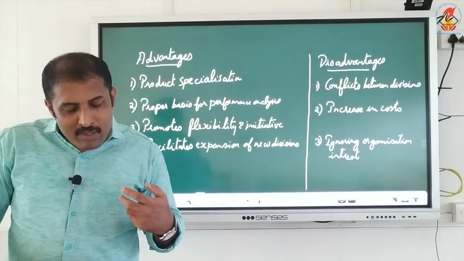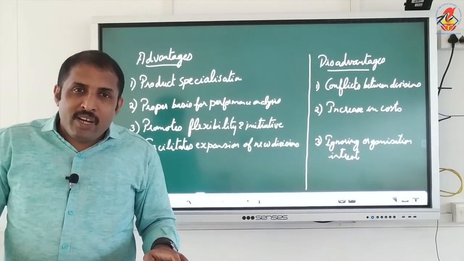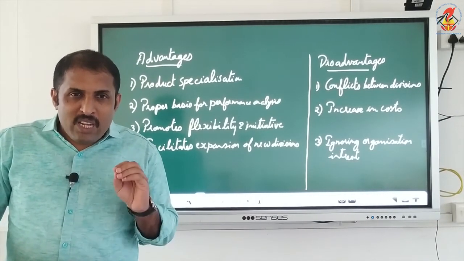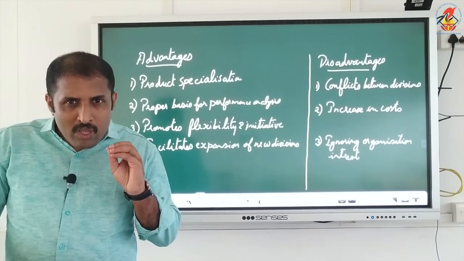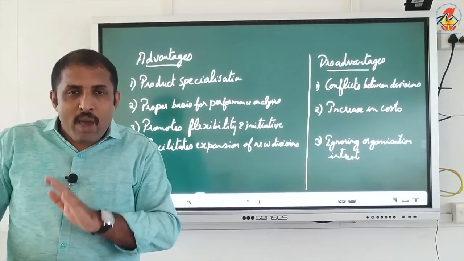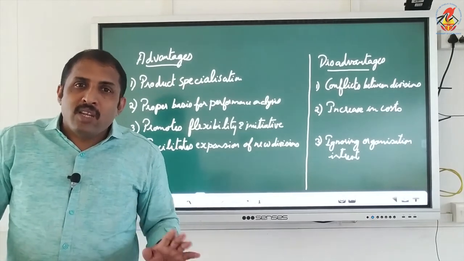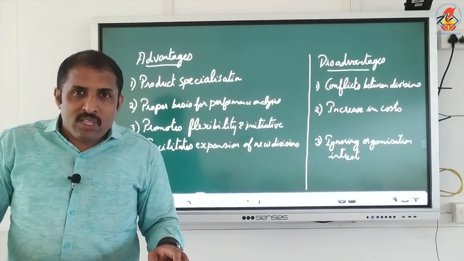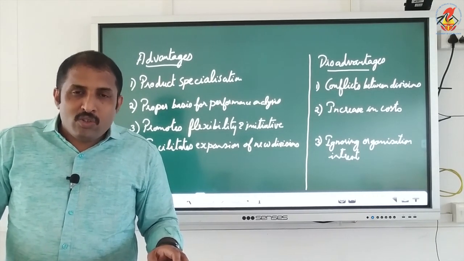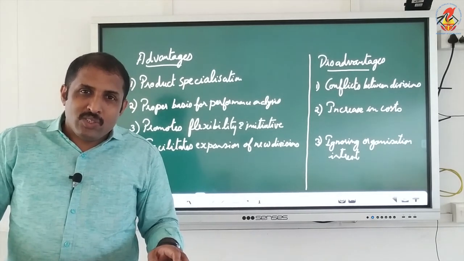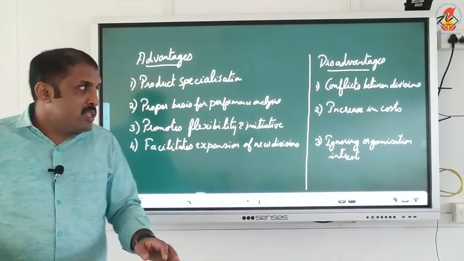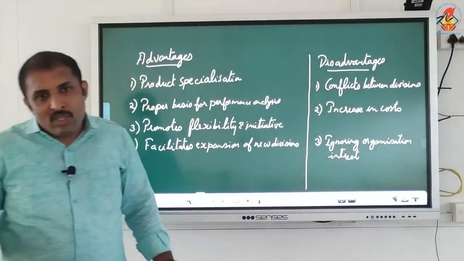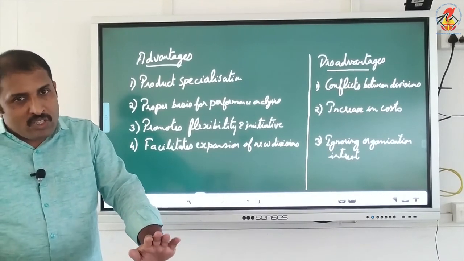So the shortcoming is that divisional heads, when they are asserting on their power, when they are insisting on everything within the organization happening according to what they decide, there is a chance to forget organization interest. In turn, it can become a trouble for organization. So that also is a disadvantage. So these are the disadvantages of divisional structure. So that is all about divisional structure.